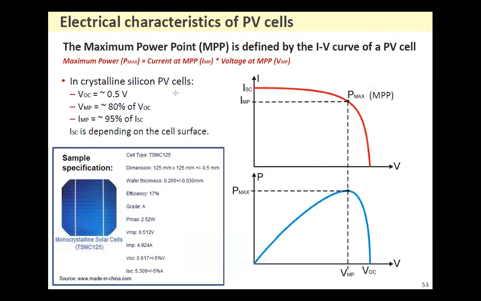What you are going to do, let me show you: this is your PV panel, this is the PV cell, and here you connect the variable resistance.